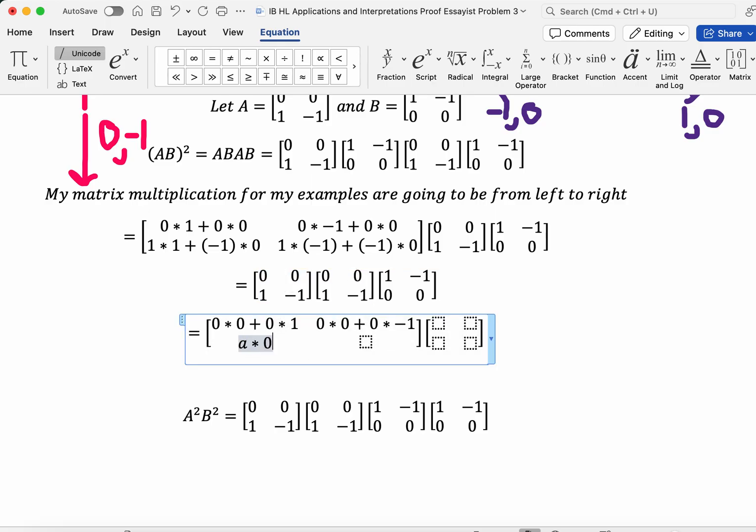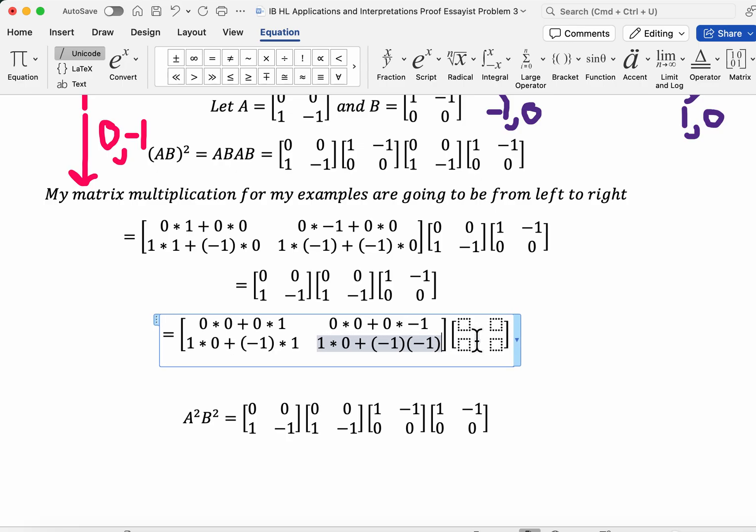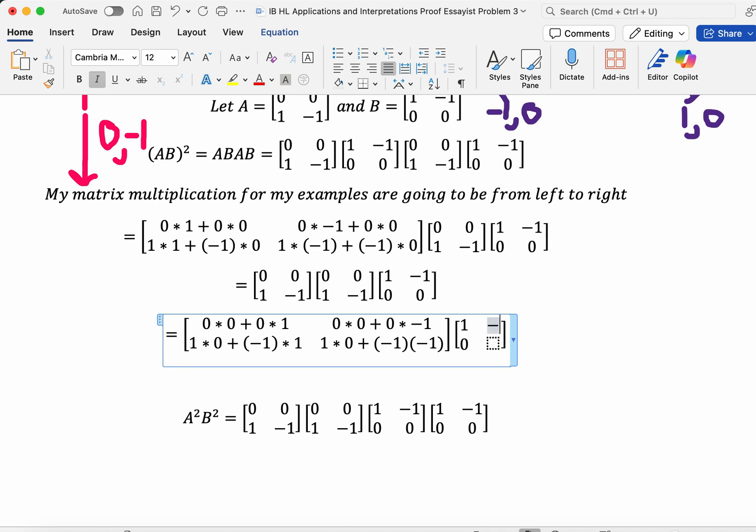Now I'm going to do 1 times 0 plus negative 1 times 1. And this is 1 times 0 plus negative 1 times negative 1. And then we copy and have the same matrix over here. 1, 0, negative 1, 0.